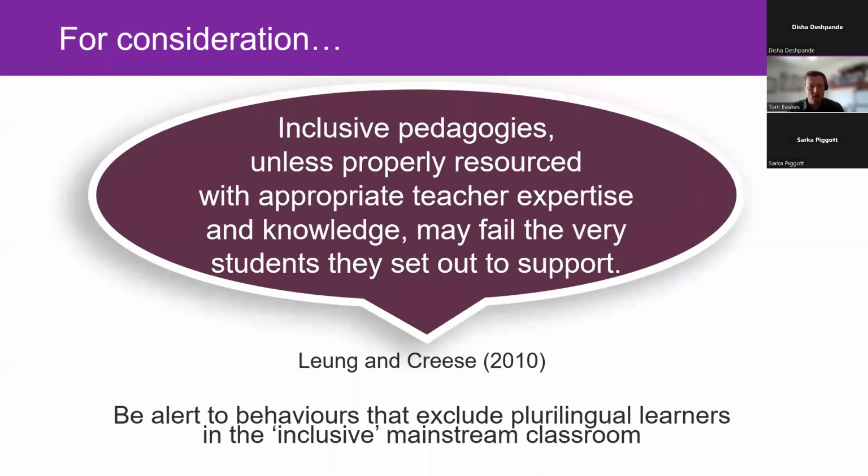And I'll give you a powerful example of this, which comes from an article written by Chen, called "Language Support for Emergent Bilinguals in English Mainstream Schools." She observes the behavior of primary pupils using EAL, and she sees them to be alone and withdrawn. And she comments that they are quiet, silent, left out, and unable to participate due to the language barrier.